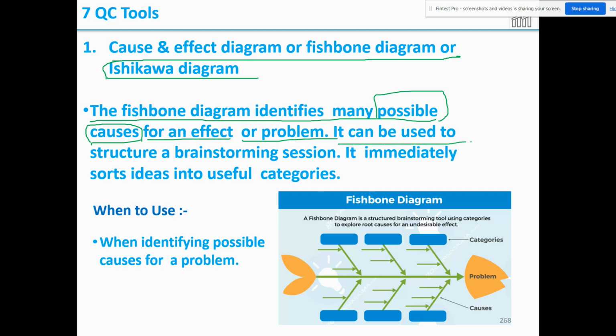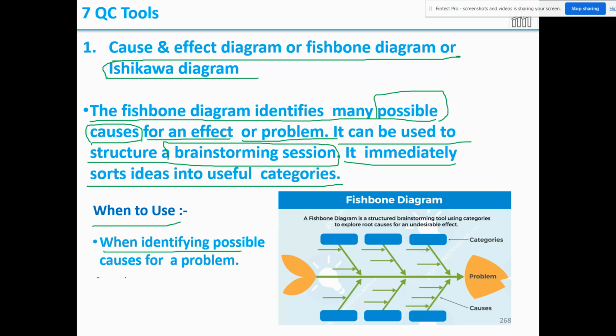So it can be used to structure a brainstorming session. What is a brainstorming session? Everyone will be given a chance at once to generate a number of ideas towards a problem. It immediately sorts ideas into useful categories, and those ideas are categorized to make a fishbone diagram. So when to use a fishbone diagram? When identifying possible causes for a problem.